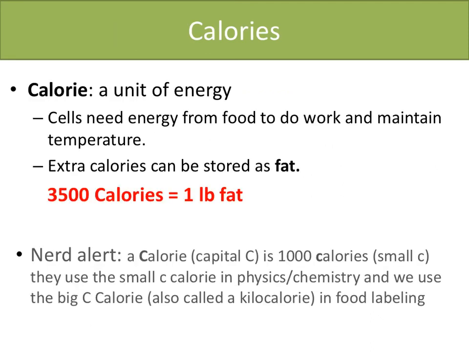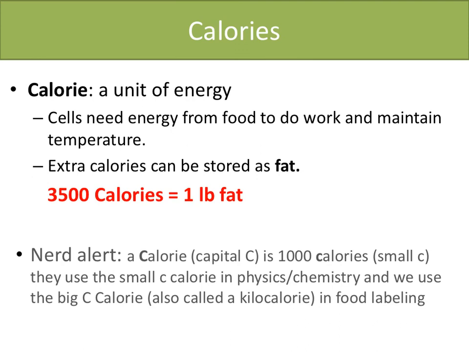So we use calorie as a measurement of the amount of glucose that's needed to turn, I think, 1 gram of water up 1 degree. So extra calories are stored as fat. 1 pound of carbohydrates, you're not going to get 3,500 calories. 1 pound of fat, you can.